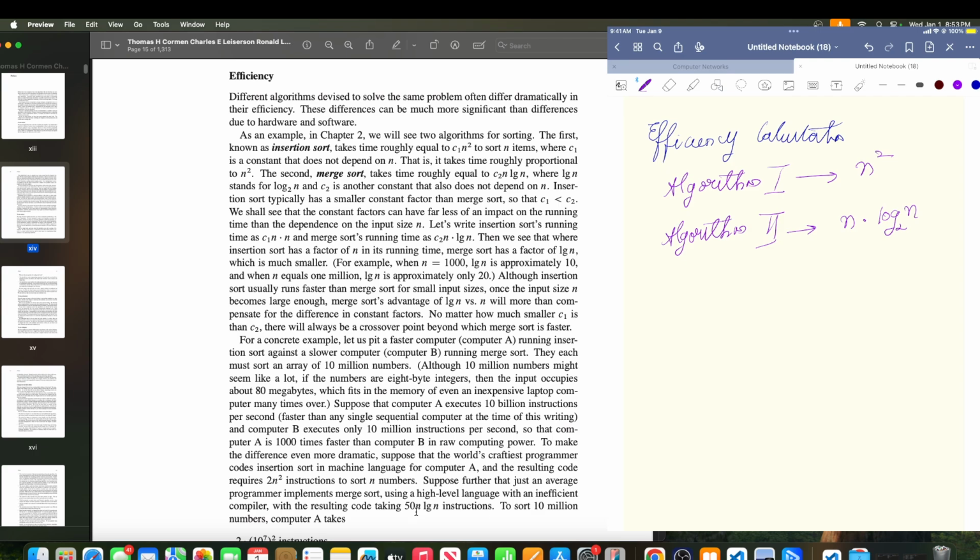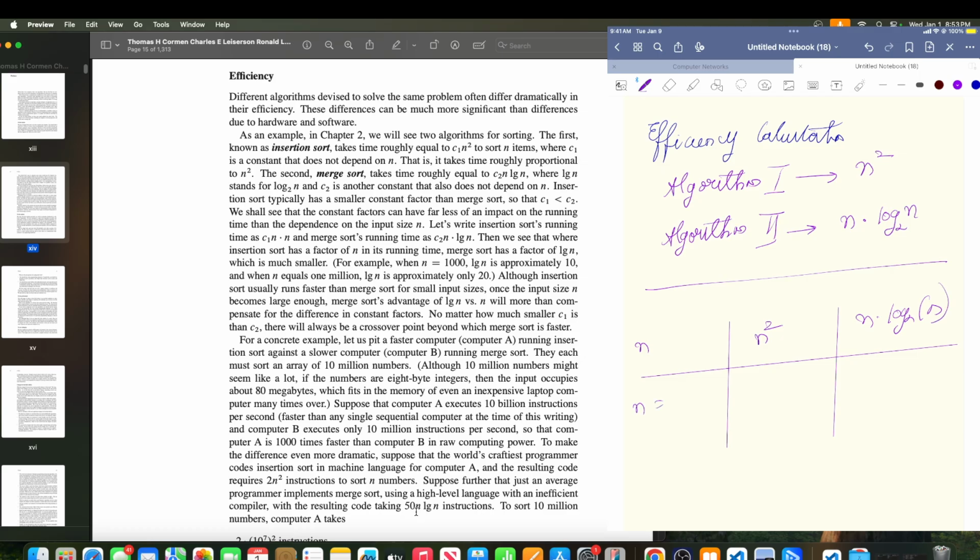Let us assume, let's have a comparison here. I need two columns. This one is n. When n is 1000, what is n square? This is n square, and this is n log to the base 2 of n.